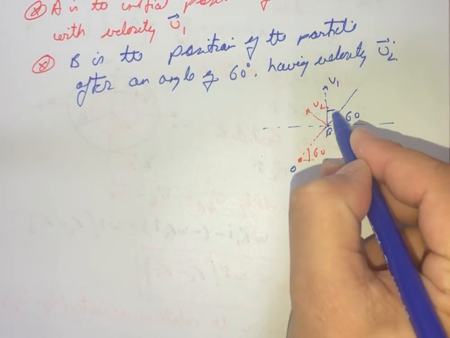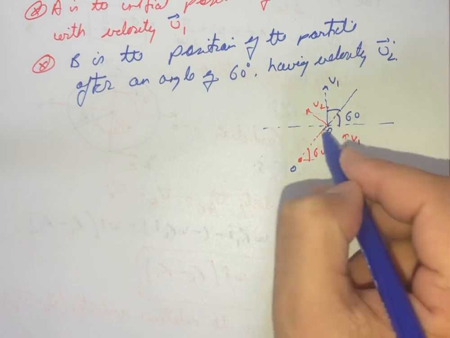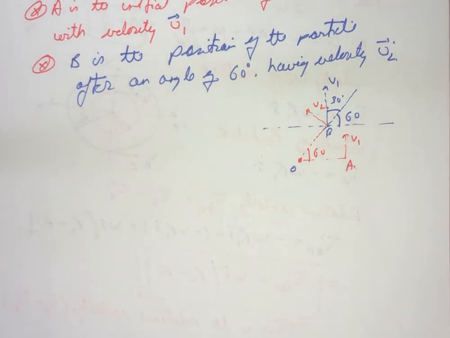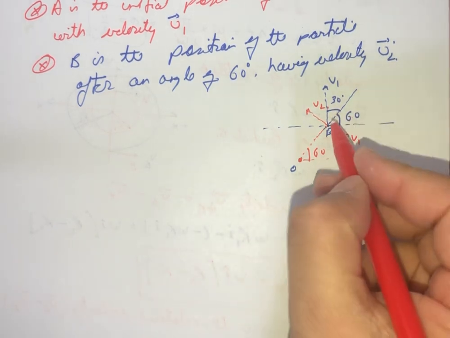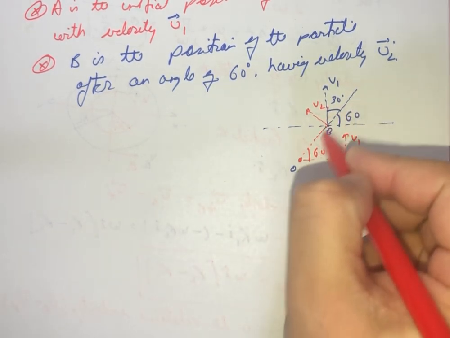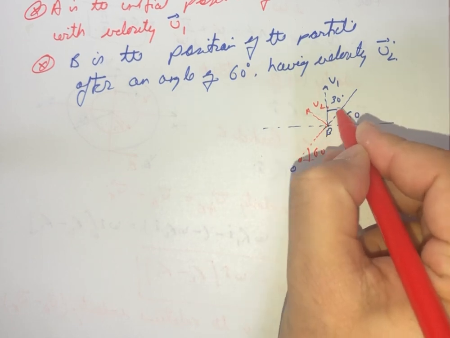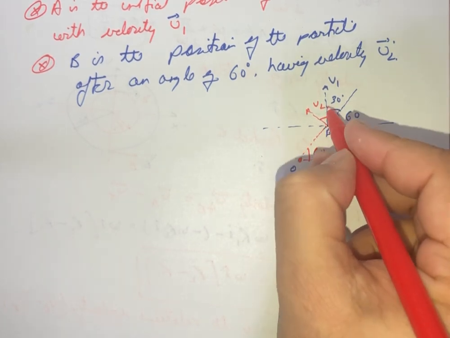So we are going to get this angle, because this entire angle is 90, so this will be coming as 30. Also v2 will be perpendicular to this extension. So entire angle is 90, so this angle will be coming as 60.